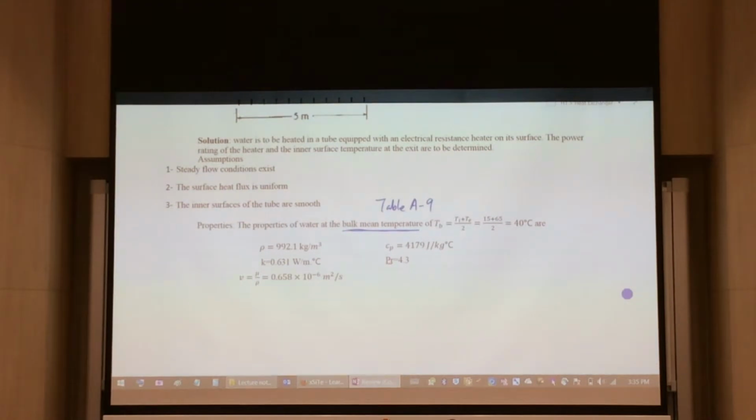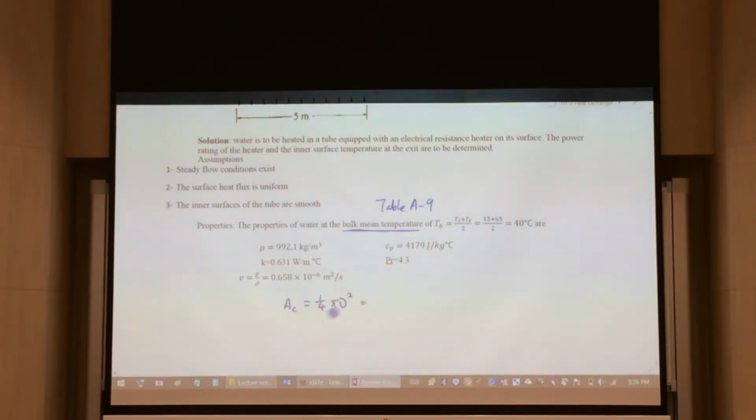So we'll start by looking at the cross-sectional and the heat transfer surface area. So that one will be Ac. Ac will be 1/4 pi d squared. Right, that's your cross-sectional area. Cross, not surface. Cross-sectional area of the pipe.